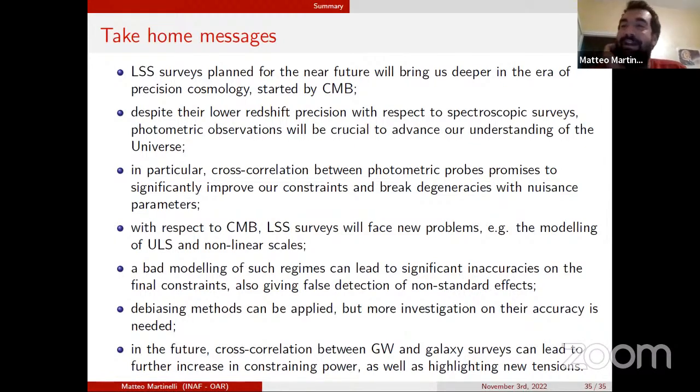And we can try, I showed you one simple debiasing method, but the road ahead for this kind of problem is still long, and we have to fix it. And finally, I just wanted to show you what in the deep future we'll be able to do also with gravitational waves, but also here, who knows what other problems we will have to face and what we need to do. And we stop here. Thank you.